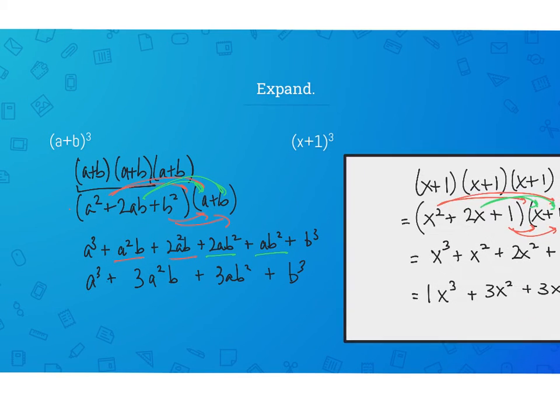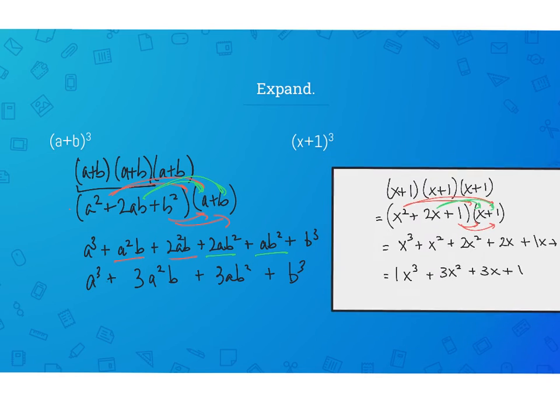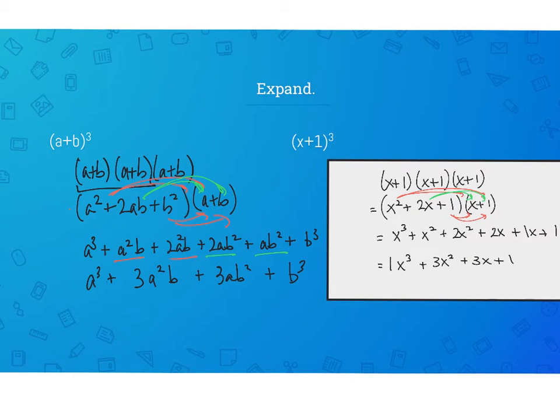We also have done the x plus 1 here to share with you at the side. Now maybe you can notice some similarities between those two expansions. 1a cubed plus 3a squared b plus 3ab squared plus 1b cubed. Here, 1x cubed plus 3x squared plus 3x plus 1.